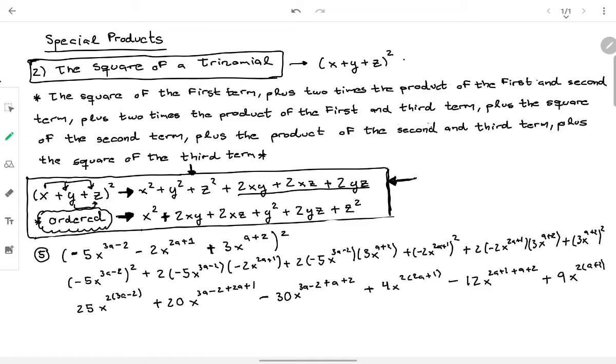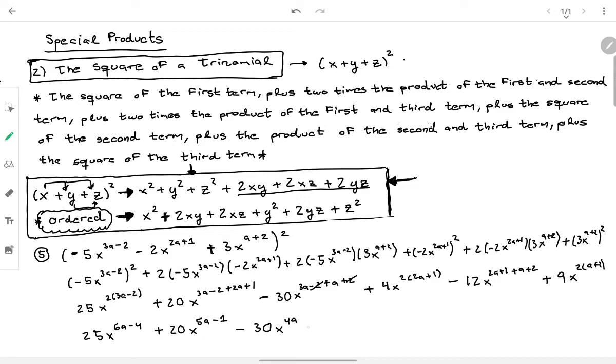So we could get something like 25x to the 6a minus 4 plus 20x to the 5a minus 1 minus 30x to the 4a minus 2 and plus 2.